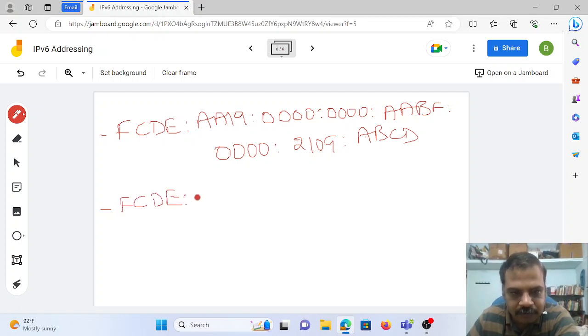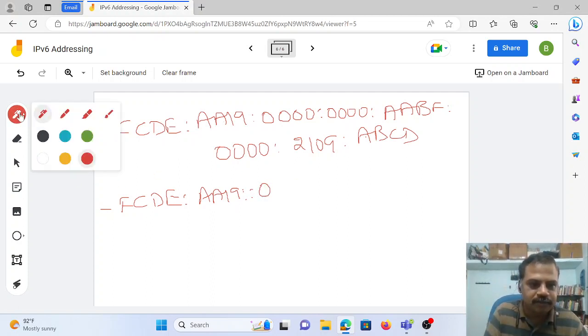FCDE and EA19, here we can use double colon. Double colon will be sufficient.